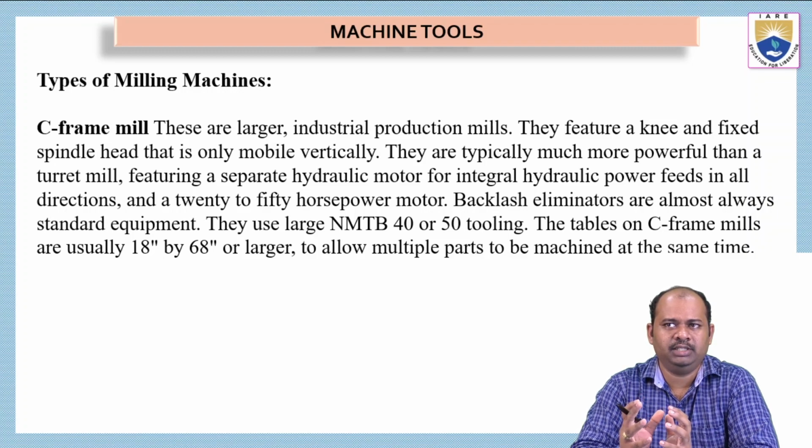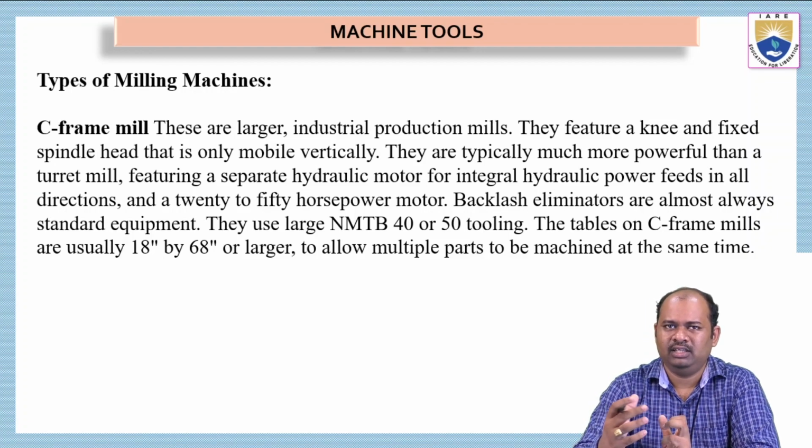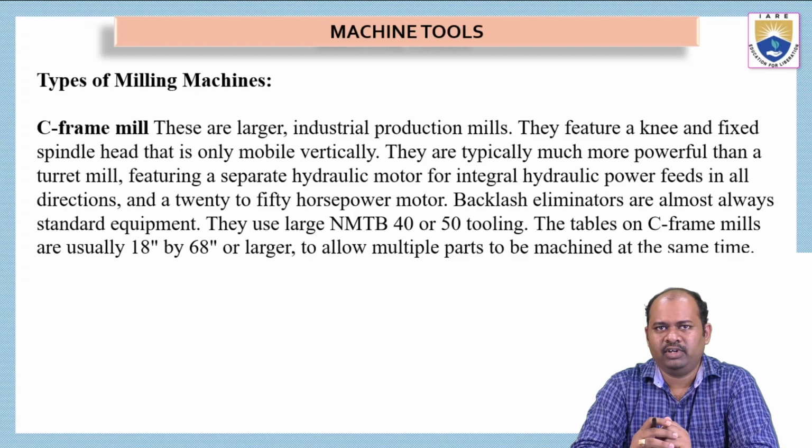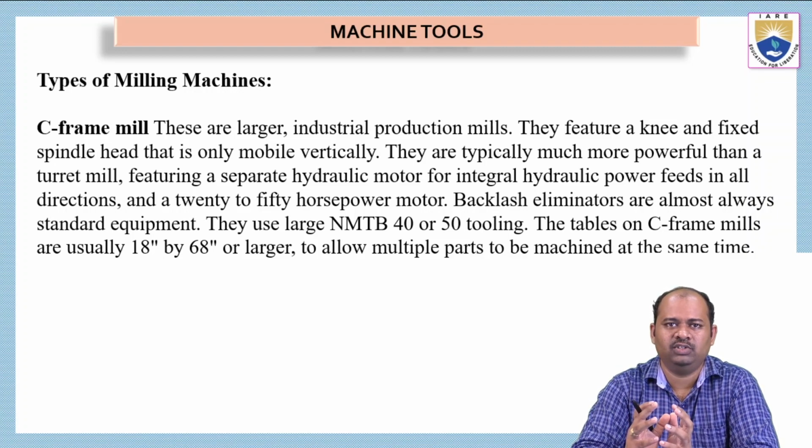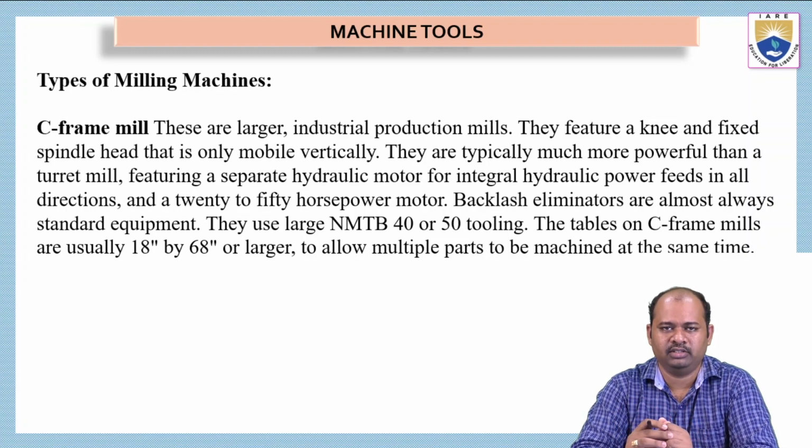They are typically much more powerful than a turret mill. We are going to see these different types of mills in the coming lectures. A turret mill is a normal milling machine used for average workpieces, and it features a separate hydraulic motor for integral hydraulic power feeds in all directions.